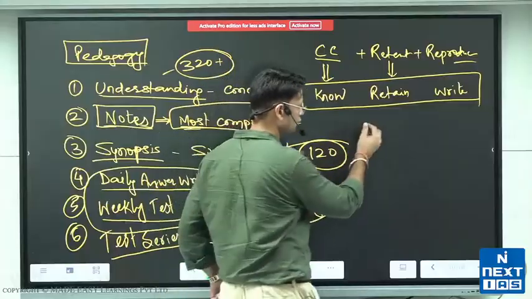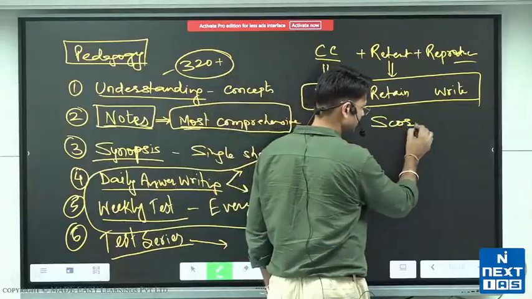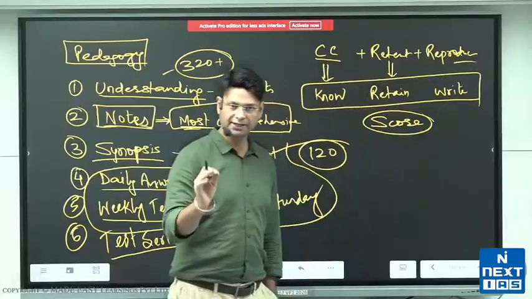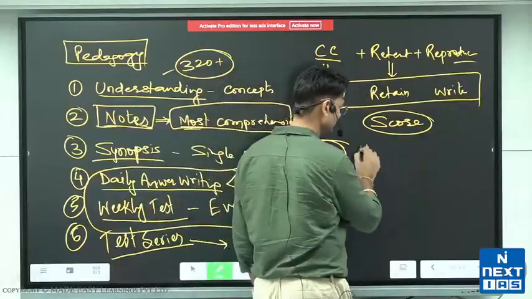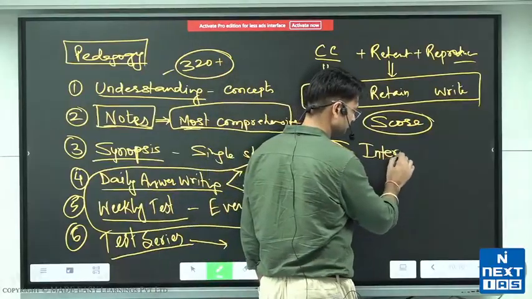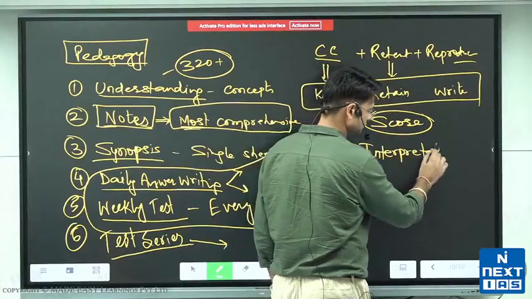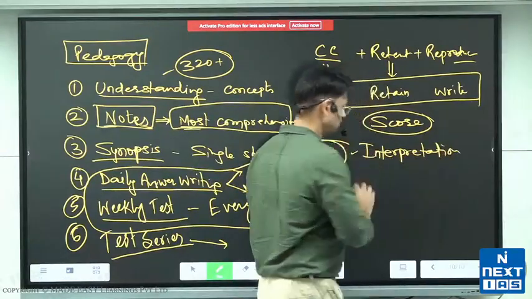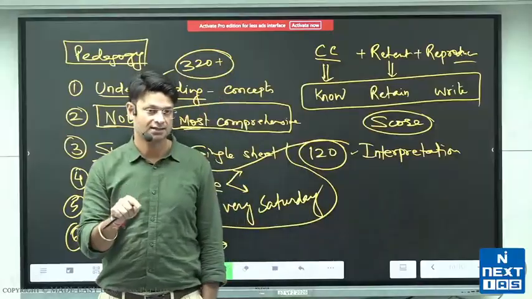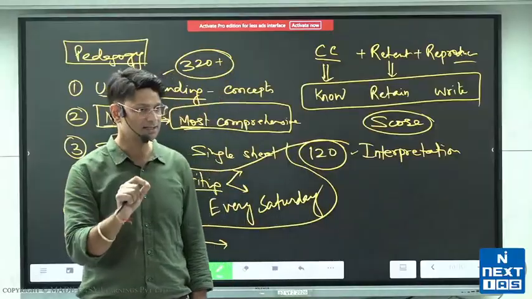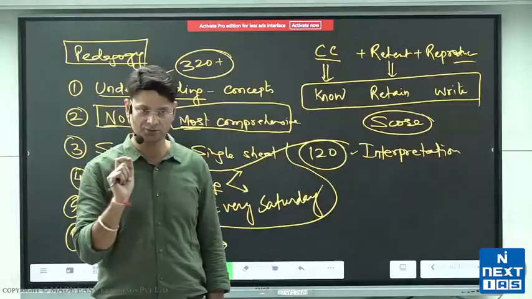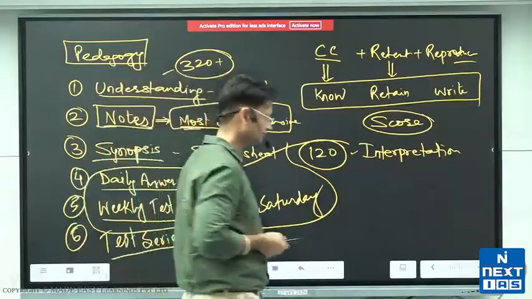See, how you score high in anthropology or any other part, scoring depends upon 4 things. Interpretation of the question, knowing what is being asked in this question, knowing the demand of the question.